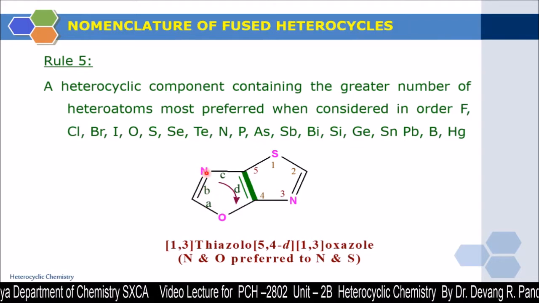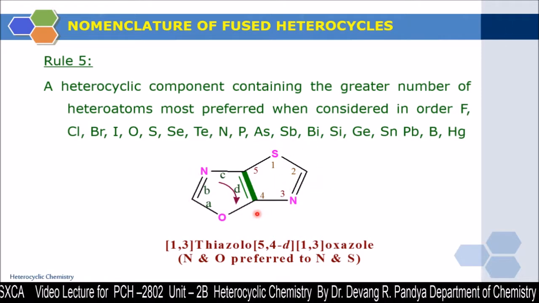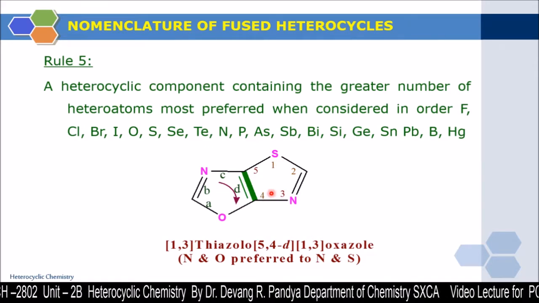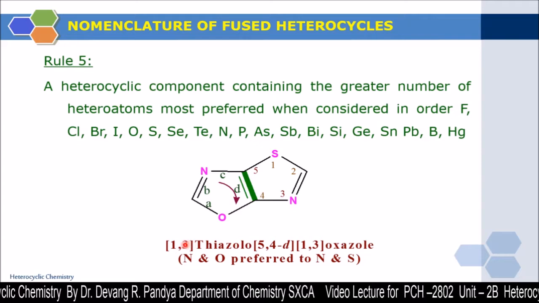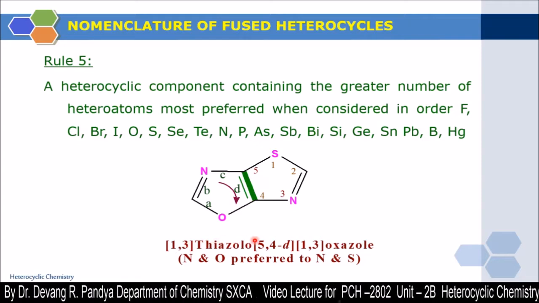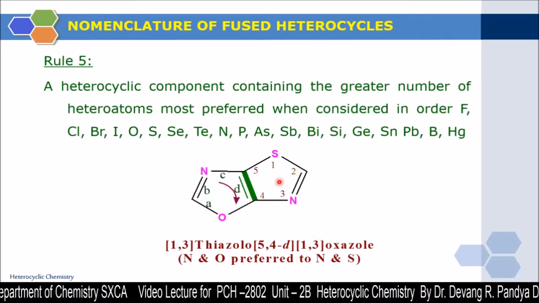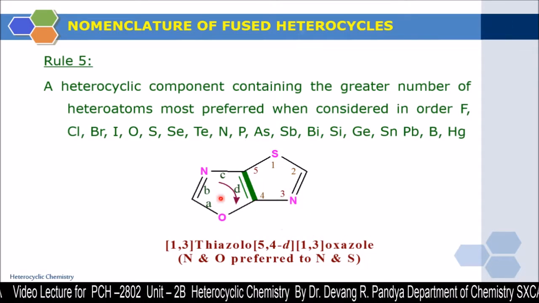So the nitrogen and oxygen containing ring is going to be the parent ring, and this is going to be the fused ring. Overall numbering should be given from this, so that the lowest numbers are given to the hetero elements. 1,3-thiazolo[5,4-d]-1,3-oxazole.